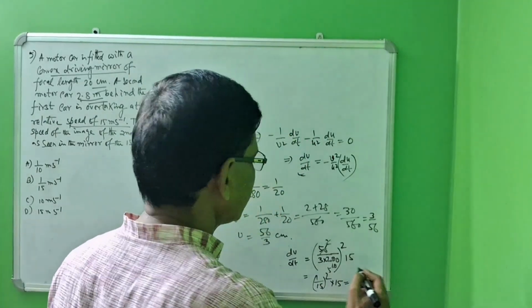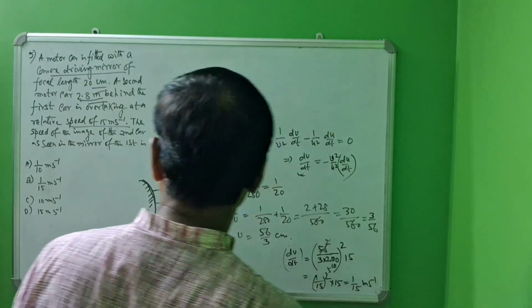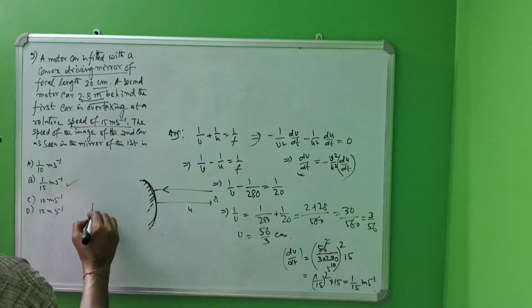The unit is meter per second, since centimeter cancels out. So the unit is meter per second. So the answer is B.